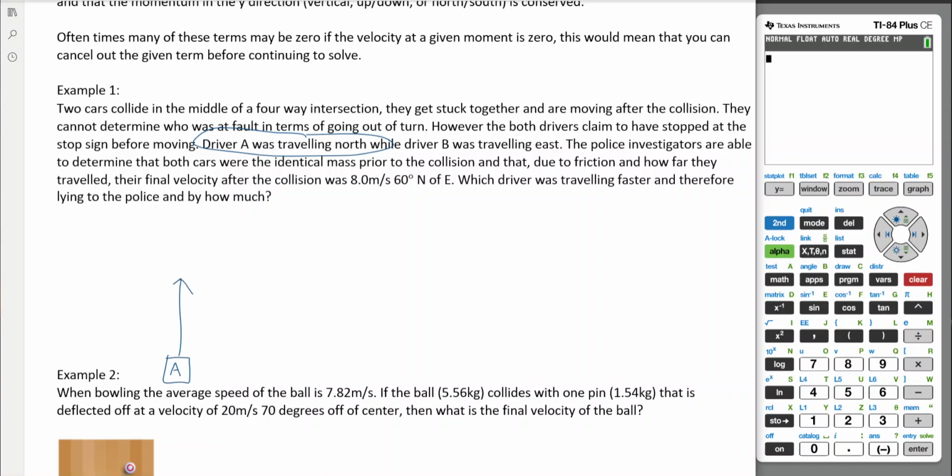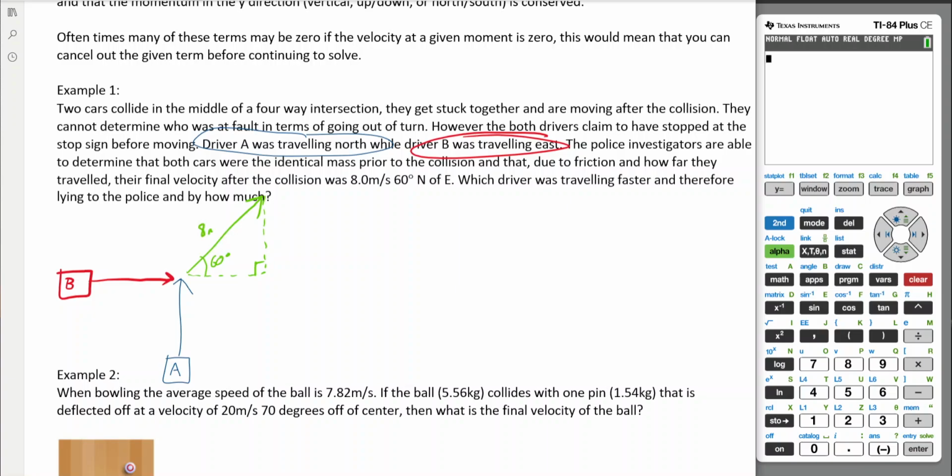Driver B was traveling to the east, so that's this way. And then once they hit, they go on kind of in this direction. It says north of east, so that means this angle here is 60 degrees. So let's just maybe go like this. There you go. So that is your 60 degrees there after the collision.